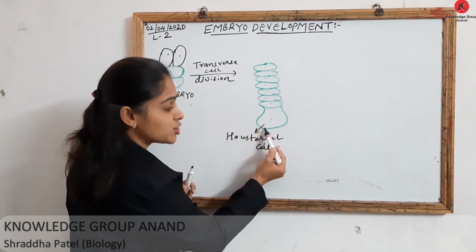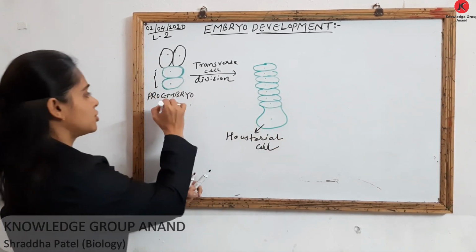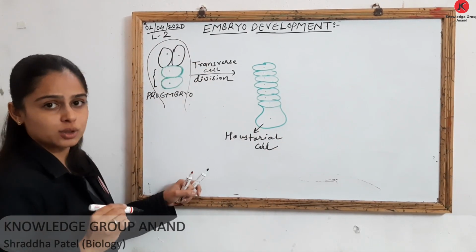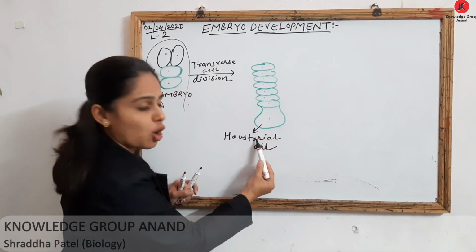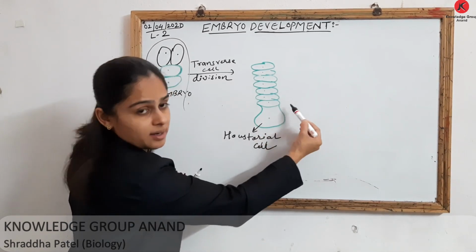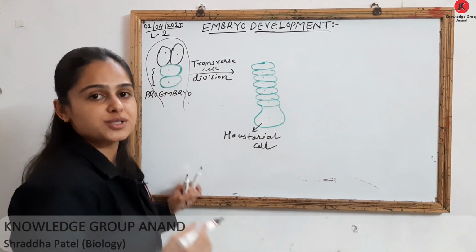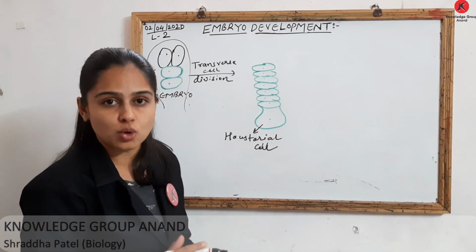The cell which is at your micropylar region, because this is our anatropous ovule, right? So the cell present at the micropylar region, the bottommost one, this one, is called your haustorial cell.